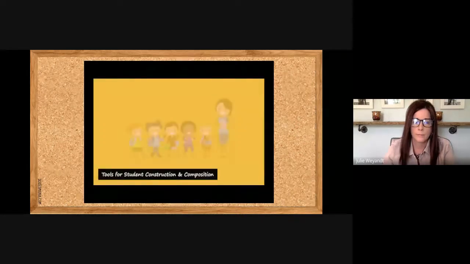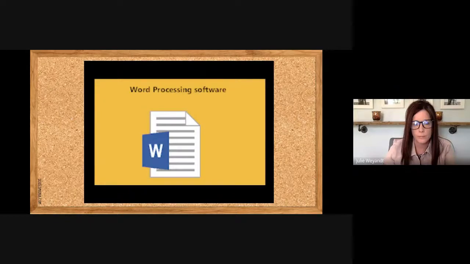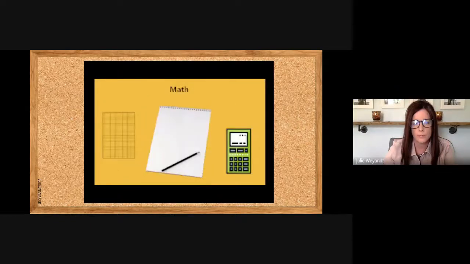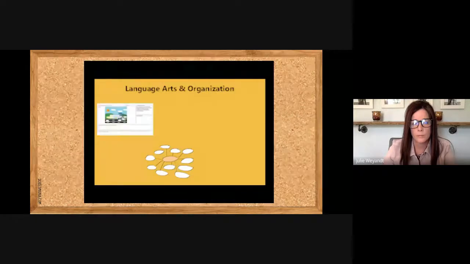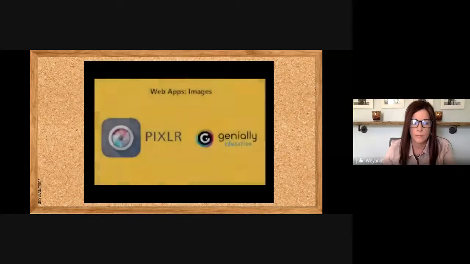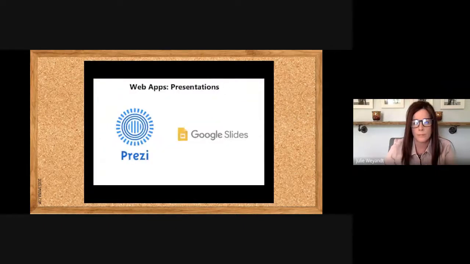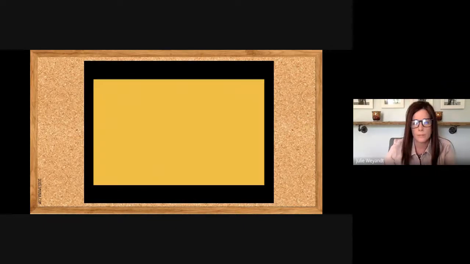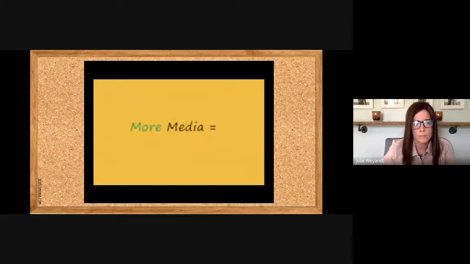Before you start offering these alternatives, there are some things you can provide to ensure student success in completing their assessments. This may include word processing software, recording devices and software, graph paper, sketch pads, and calculators, sentence starters or strips, story maps outlining concept, storyboarding, and mind mapping tools, virtual and physical manipulatives, and numerous web applications for images, videos, wikis, online discussions, and presentation design. As technology advances, students must learn how to choose and adapt the best medium of expression.